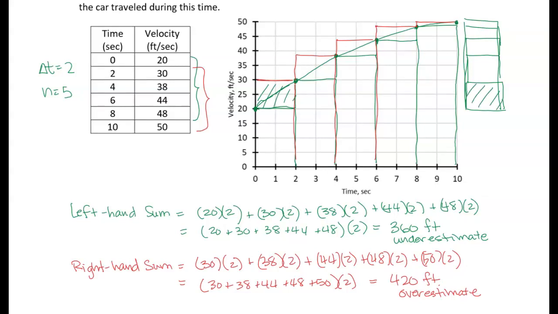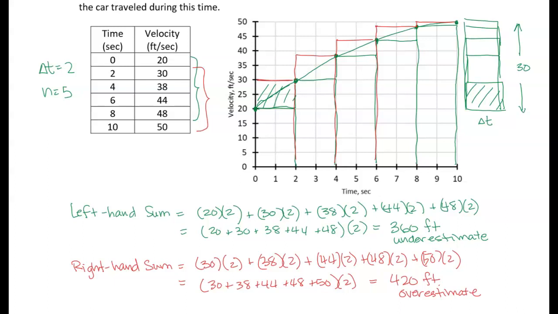Okay, so I'm stacking up all those error bands, and the error, which is going to be the difference between the maximum and minimum value, the overestimate and the underestimate, is basically the width, which is delta t, times the difference between the first value at t equals 0 and the last value here at t equals 10.